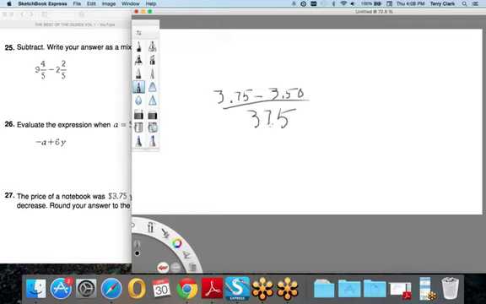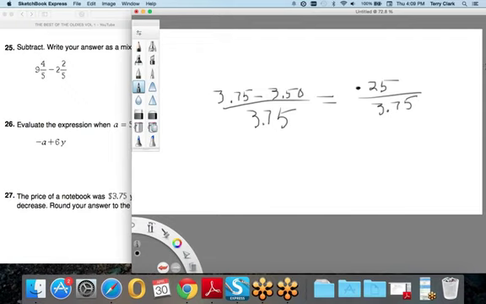Okay, so the decrease is 25 cents. I want to know what percentage of the original cost was it?